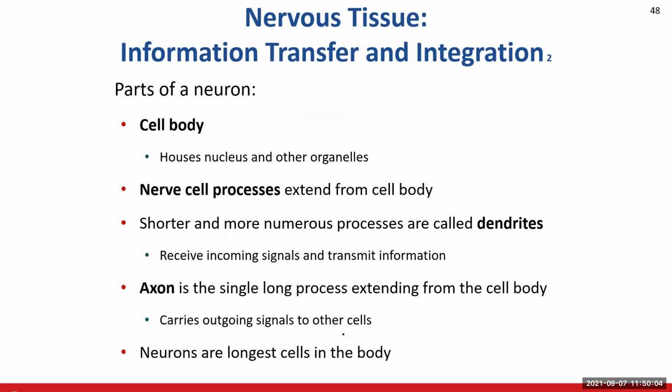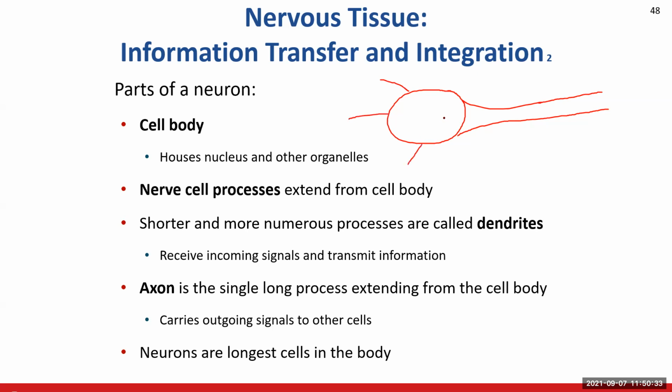So when we talk about the neuron, just a couple things I want to quickly discuss here. We'll go into more detail when we get into chapter 12. So you have your cell body, and I'm going to do my best to try to draw a somewhat decent neuron. So far, not too good. So here is the big ball part, the cell body.